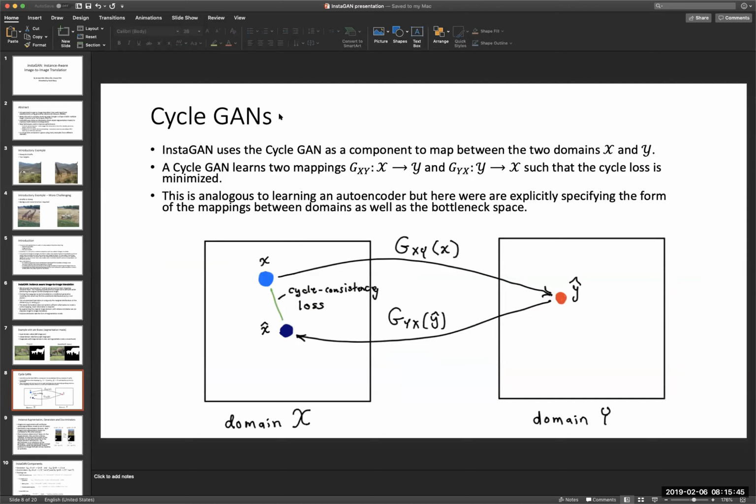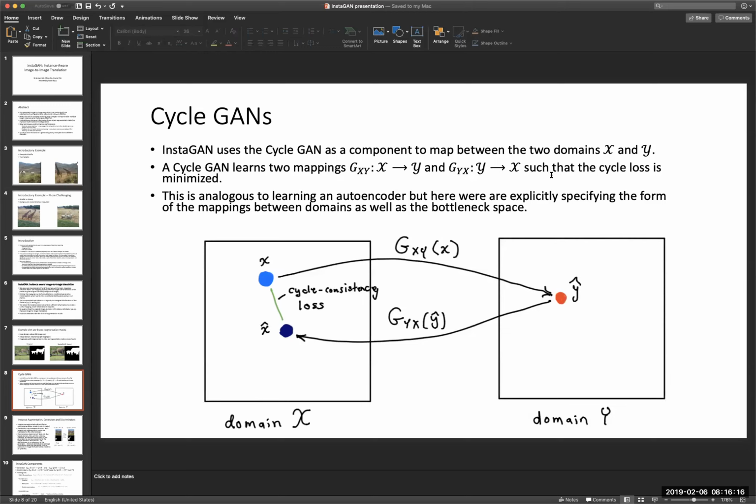The CycleGAN is simpler than InstaGAN; it's not using augmented domains. But in the CycleGAN, there are two mappings, G from X to Y and G from Y to X, and we want to develop these mappings such that this cycle loss is minimized.